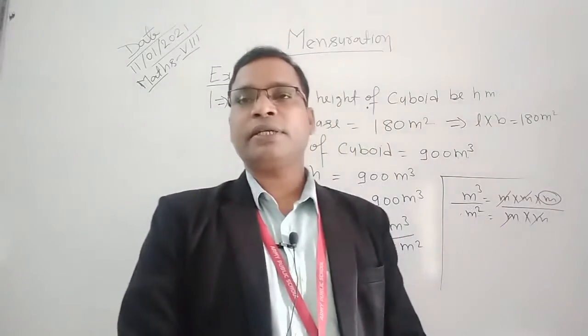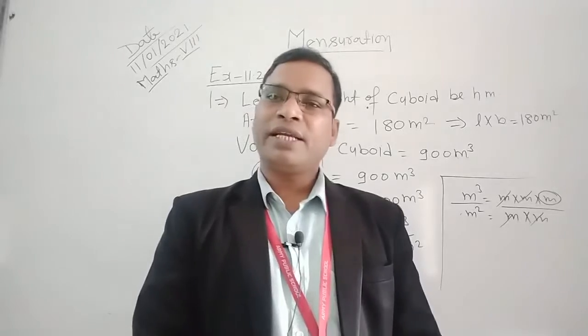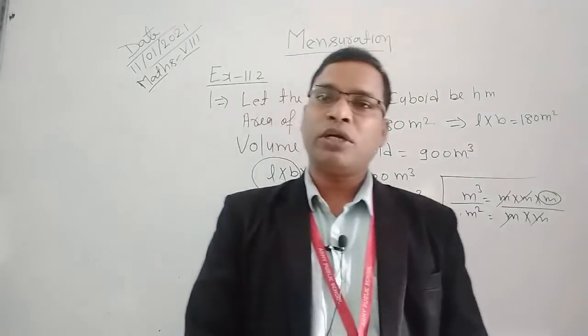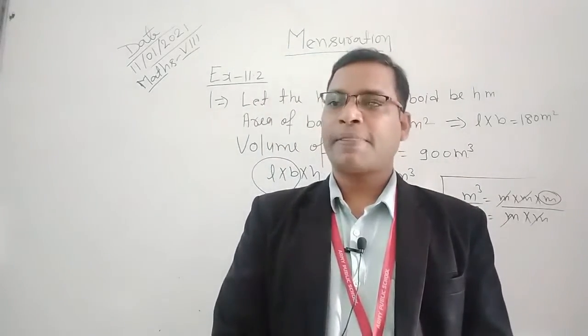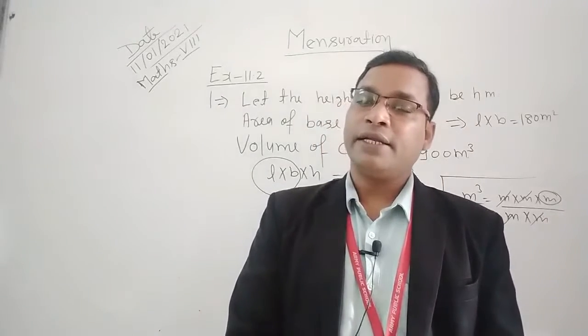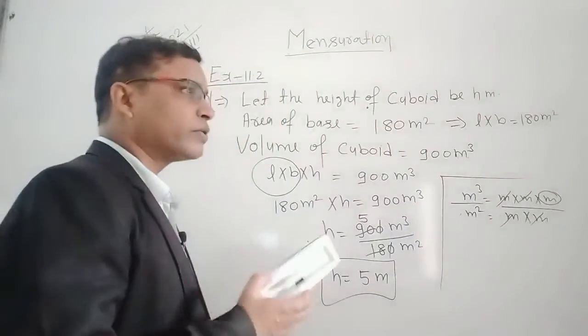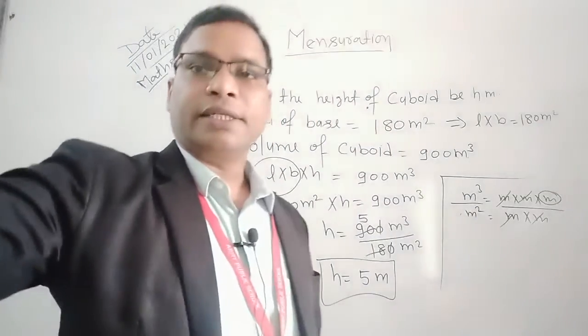Area of base is given here, 180 meter square, into height of the cuboid, which we let be H meter. It's clear. And the volume of the cuboid is also given here, 900. Okay. So in a simple way you can write it like this.